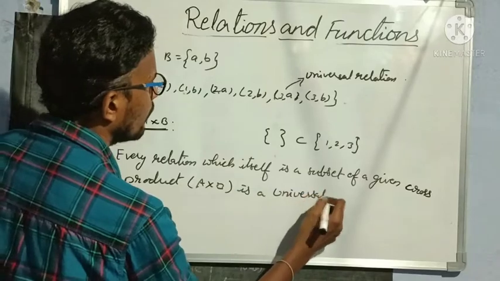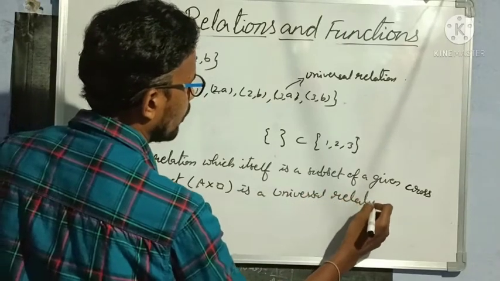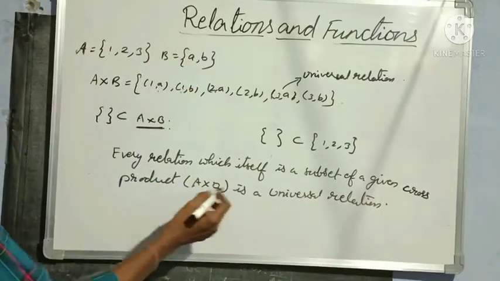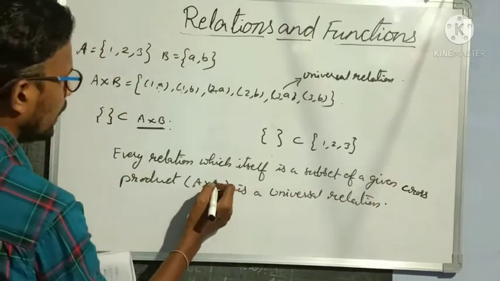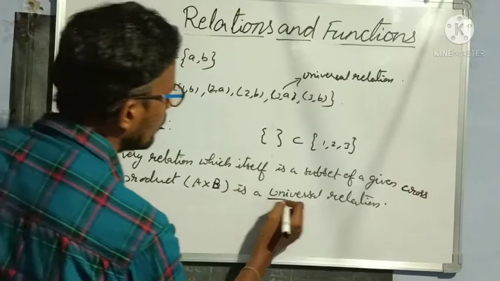Universal relation. Very, very important. Okay? Every relation which itself is a subset of a given cross product A cross B is a universal relation.